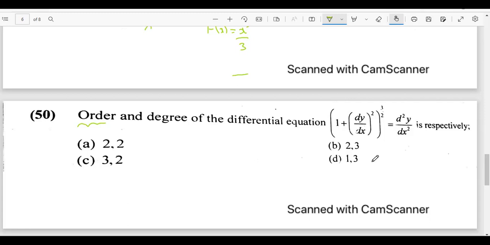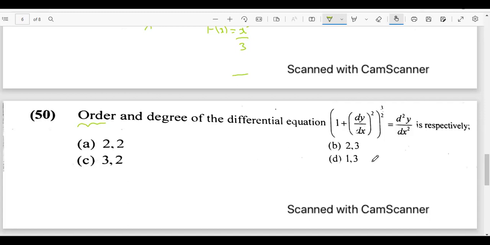I think there's some problem with the question because I think my book has some misprinting at this point. Okay.